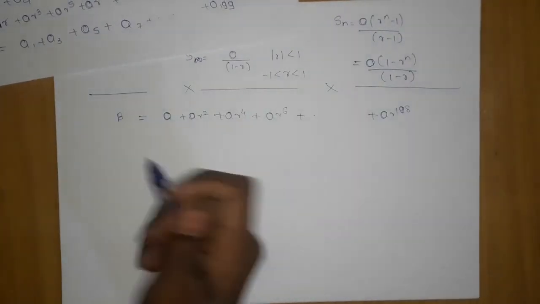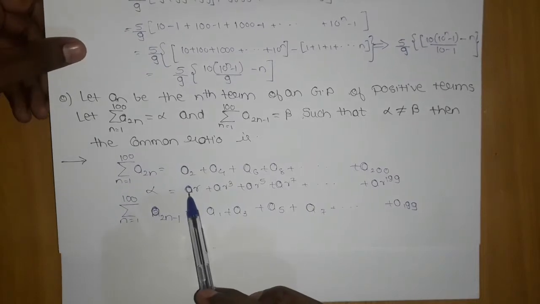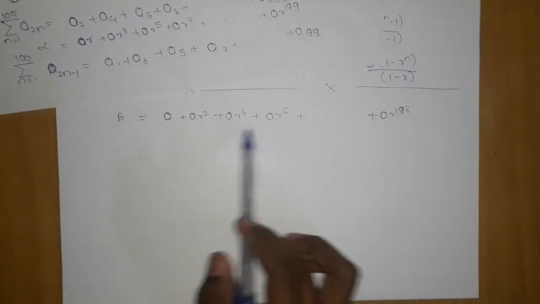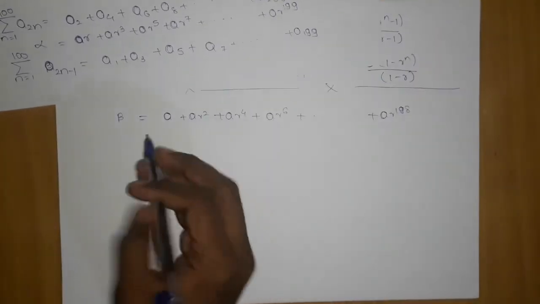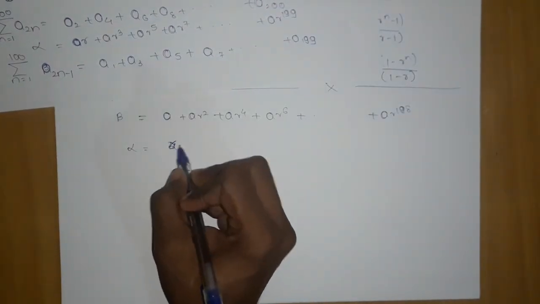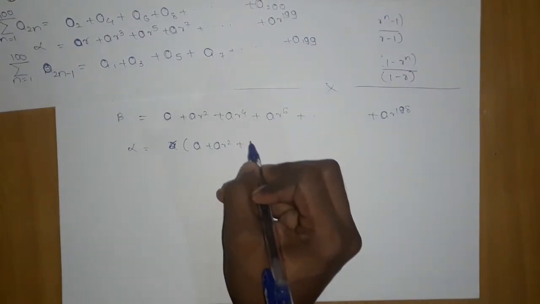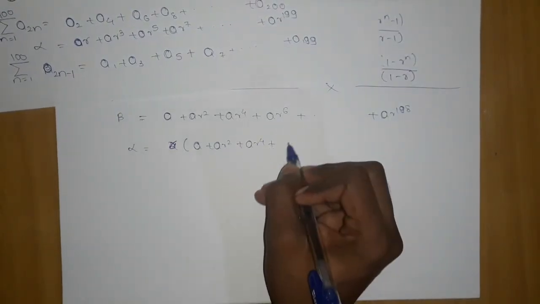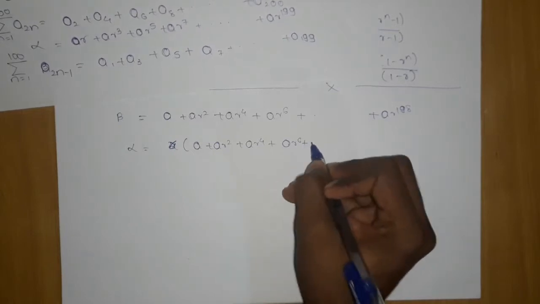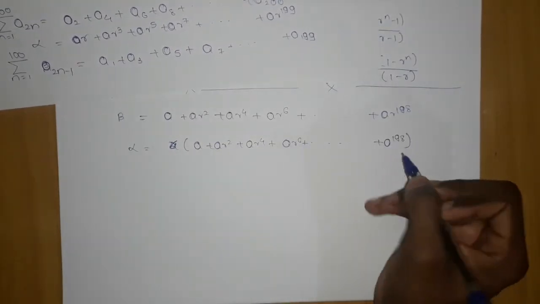Now the first thing, if I take r common from alpha, what do I have? r times a, ar square, ar raised to 4, ar raised to 6, and further on till ar^198, right?